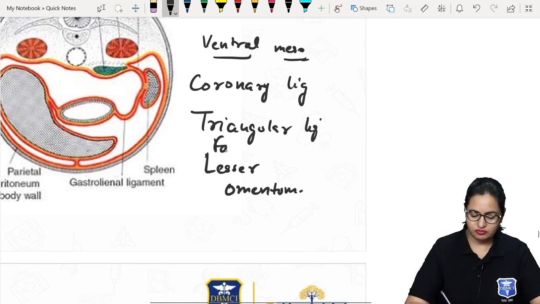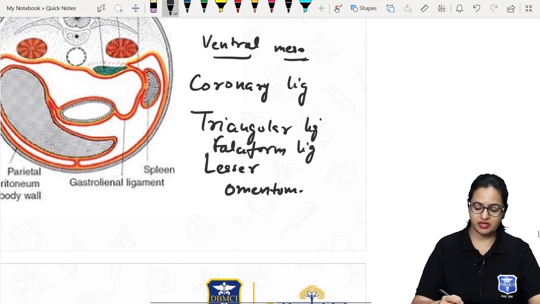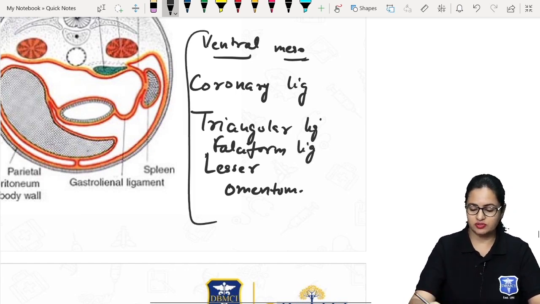One more ligament is the falciform ligament of the liver, which develops from the ventral mesogastrium. So all these are the derivatives of the ventral mesogastrium.